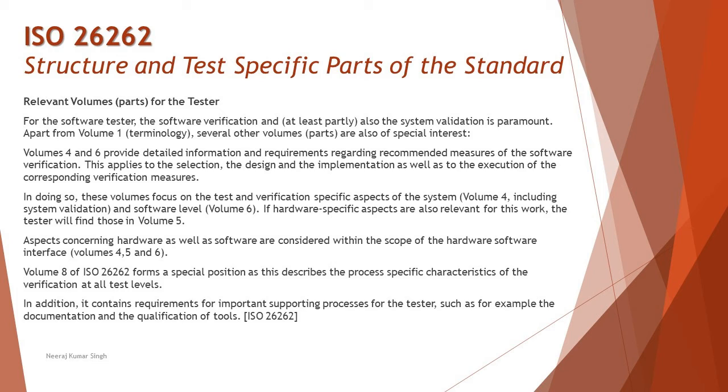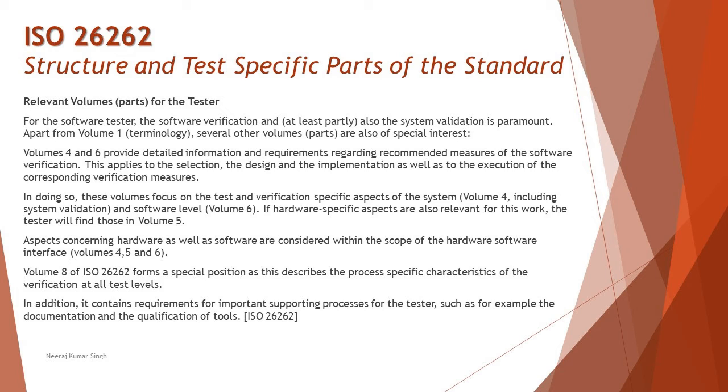Yes, definitely, apart from volume 1, which generally talks about the terminologies that help you understand what exactly we are referring to, then we get into the process and details. In doing so, these volumes focus on the test and verification specific aspects of the system. Volume 4 includes system validation as well, and the software level is in volume 6. If hardware-specific aspects are also relevant for this work, the tester will find those in volume 5.